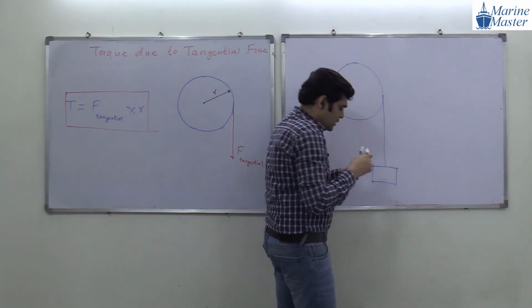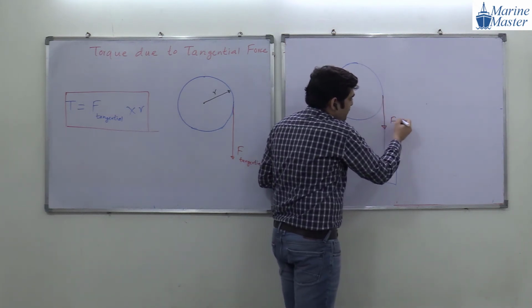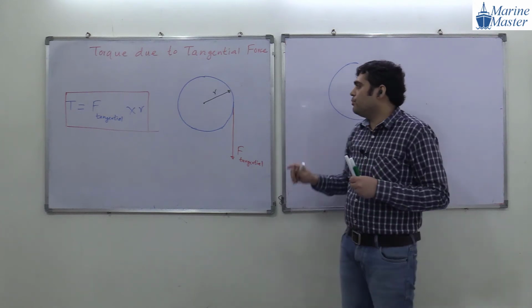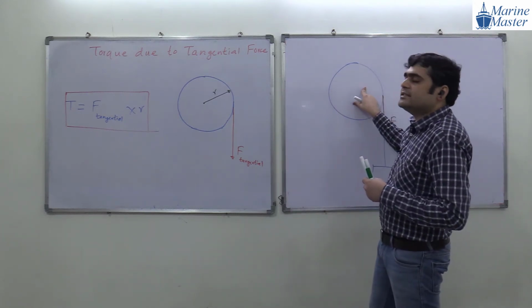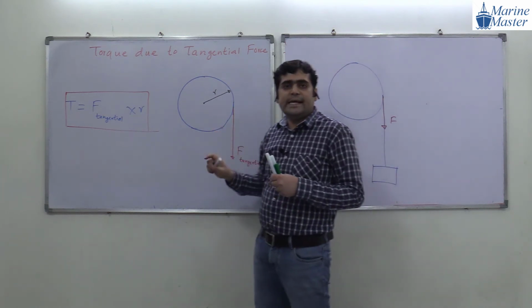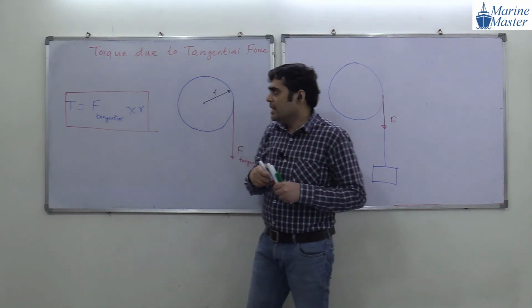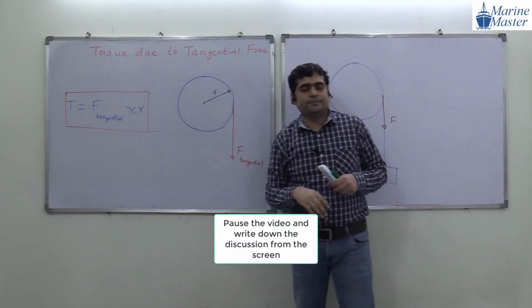Here there will be a tangential force F that tries to rotate this disc. So this tangential force will create a torque, and that torque will be equal to F tangential into radius. Everyone please write down this point.